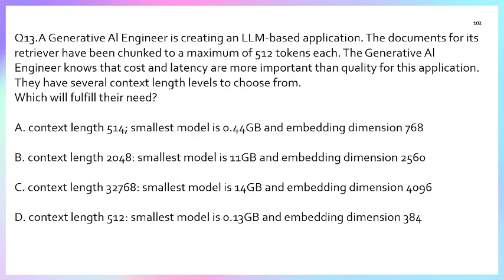The length of 514 in option A also works, but it is unnecessarily larger than needed. The context lengths of 32768 in option B and option C are overkill, making them more expensive and oversized.